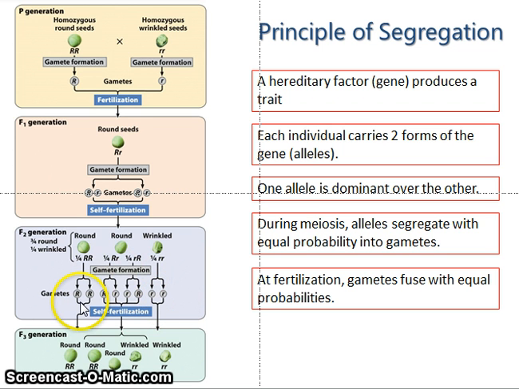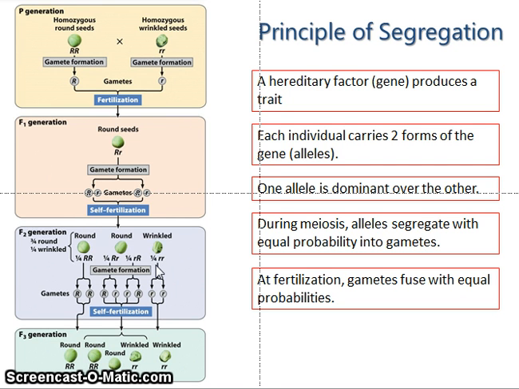And so you're just as likely to get an individual that's big R here, little r, big R here, big R, little r here, or little r here. And so each of these possible combinations between big R and little r are possible. So you would expect each of those to be of equal probability or equal proportion.